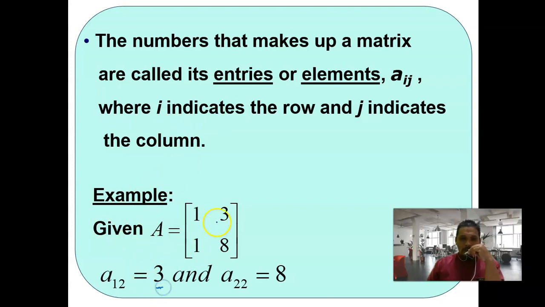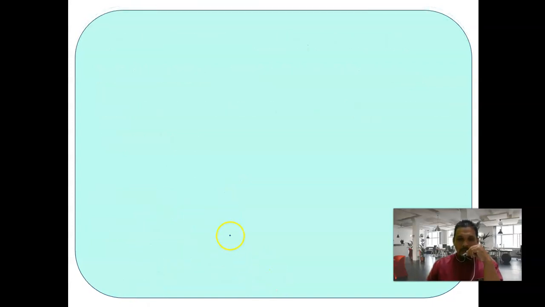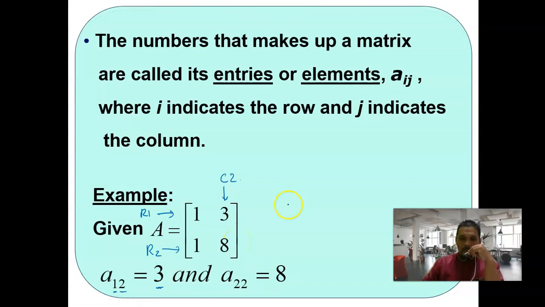The element 3 is situated in row 1 and column 2, so it is a_12. Now look at the 8 here: 8 is situated in row number 2 and column number 1.